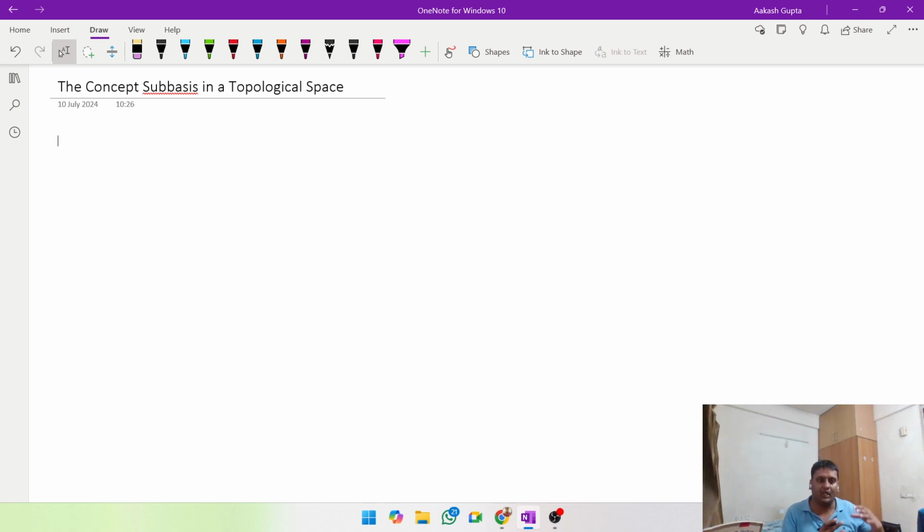Like something prior to basis, or something from which we can talk about basis. This is what this English word sub-basis suggests. So let us see, it is actually that. Let me begin with the definition of a sub-basis for a given topological space.